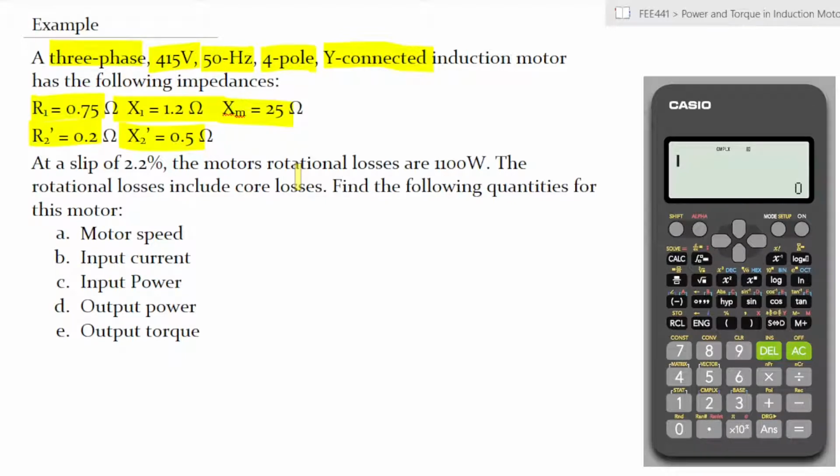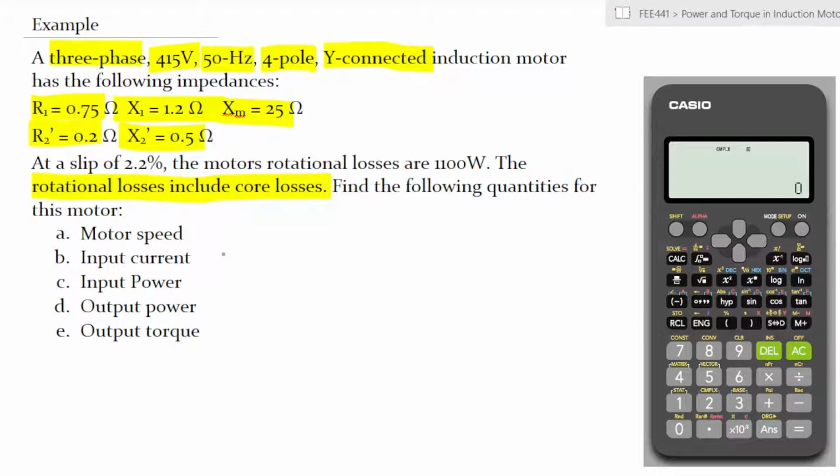And for this particular problem, we have been told that rotational losses include core losses, right? That is a key one in how we approach the problem, because it indicates that certain elements of the equivalent circuit will not be as we have seen before. Then the problem asks, we need to find the motor current, input power, output power, and finally output torque.